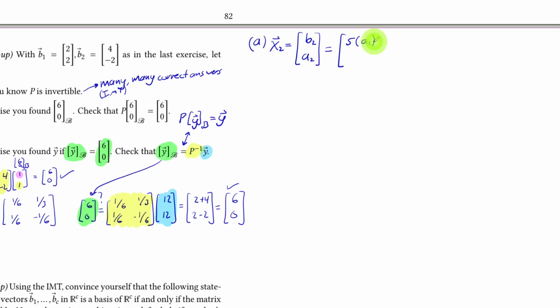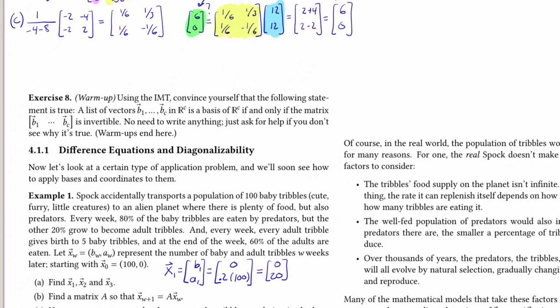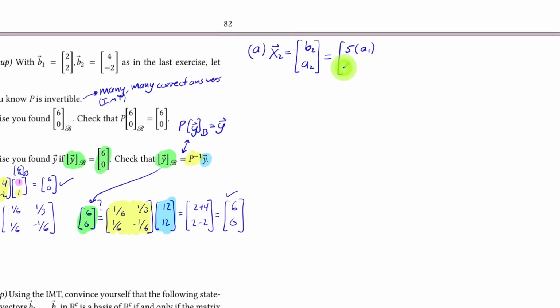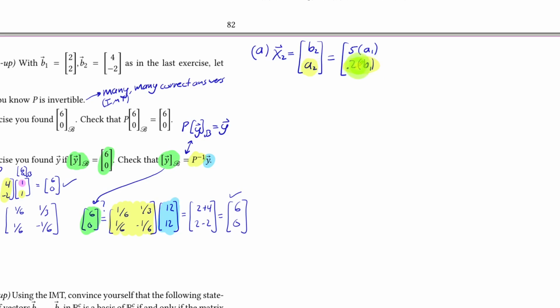And then how many adults are there? Well, we would have 20% of the babies grow up to become adults. So we could say 20% of the babies will now become adults in the next week. But we know there weren't any babies the previous week.